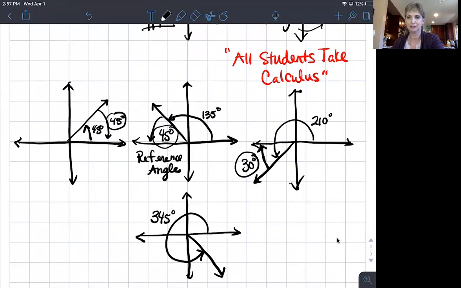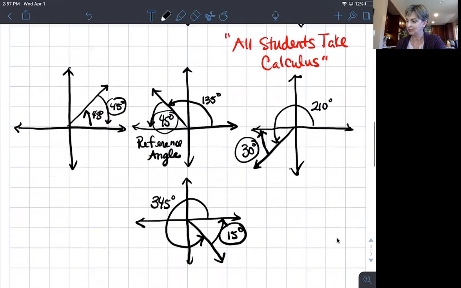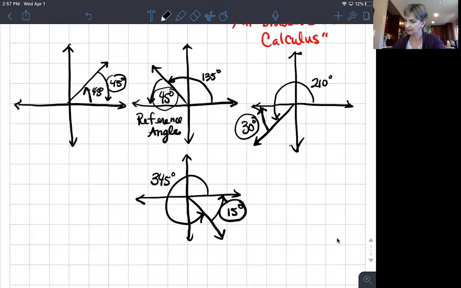Your reference angle is the angle that gets you to the x-axis, the closest one, which is this one. It's the difference between 360 and 345, which is 15. That's not drawn to scale, but 15 degrees would be your reference angle. Whatever gets you to the x-axis.